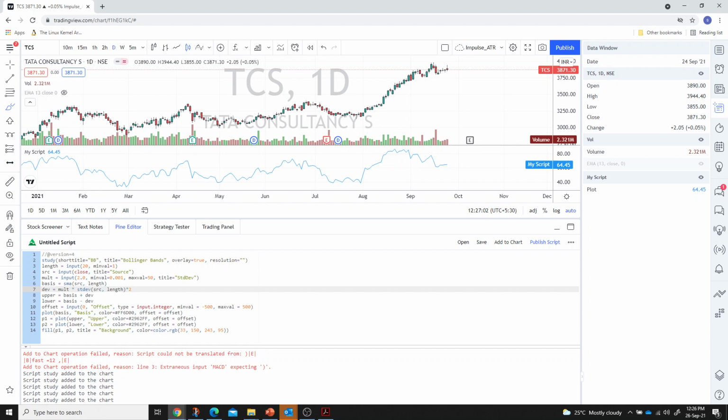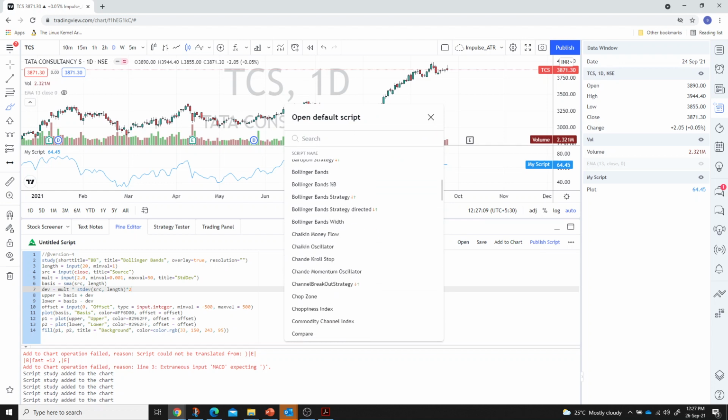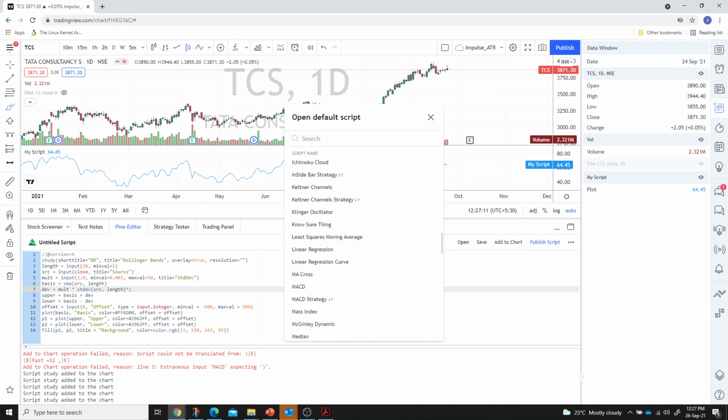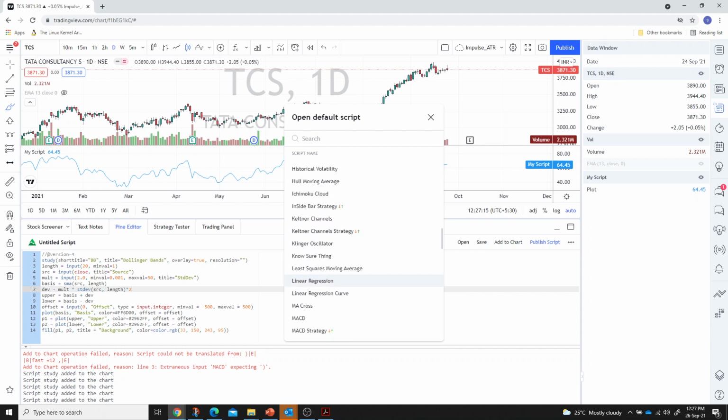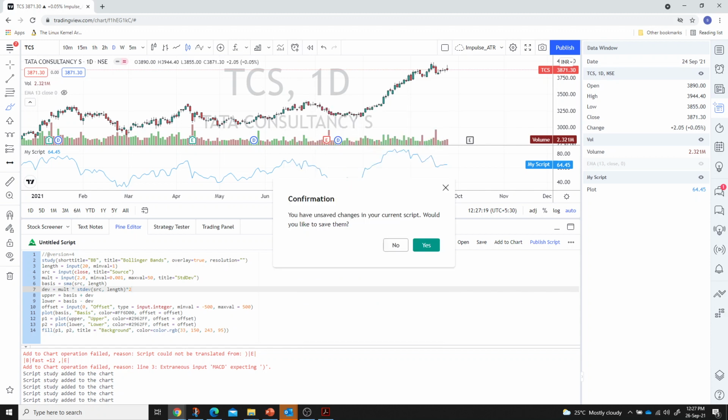I can do many things. But when you are learning, you can look at built-in scripts, see which one you want to look at, and then base it as a starting point and then build. Similarly, the MACD example which I took, right?